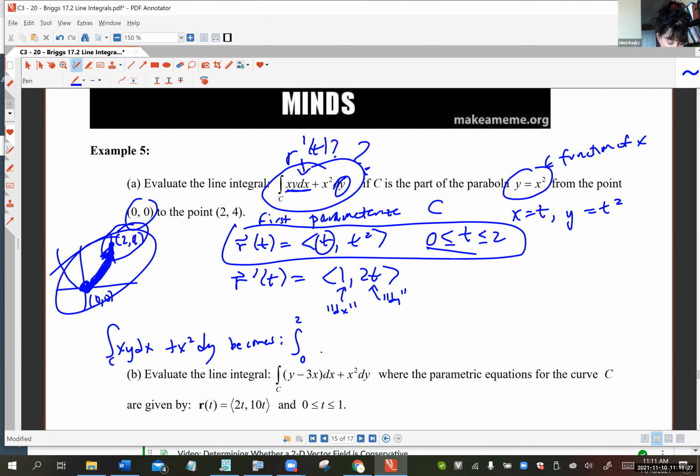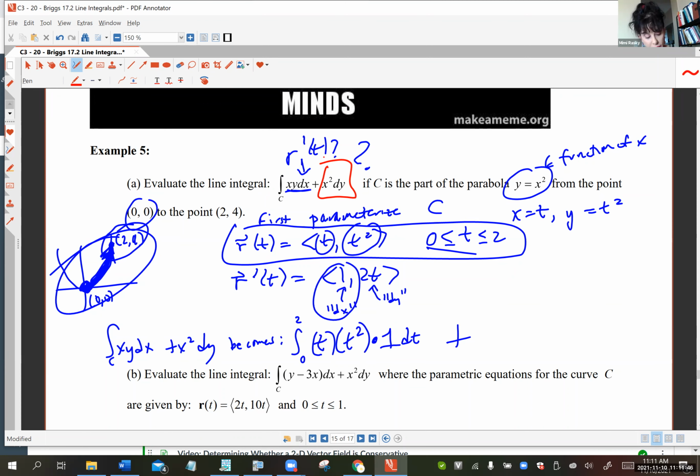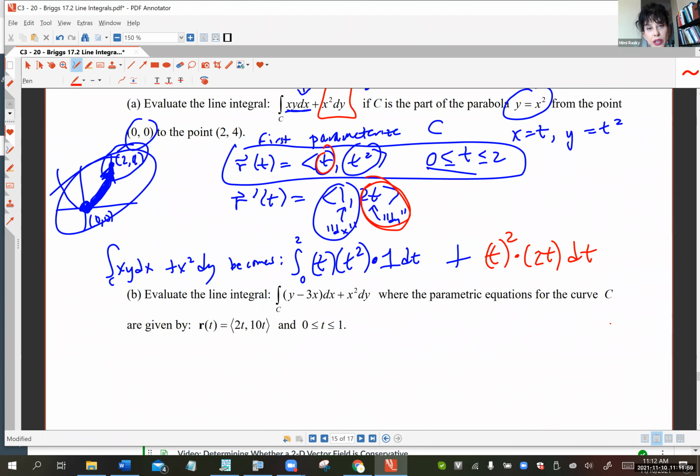So you're going to go the x component from our vector valued function times the y component of our vector valued function times dx. Well, dx for us is 1 dt. Plus, now the second term of this differential form line integral is x squared dy. So the x component from our vector valued function is t, and you want to square it, times the dy. dy is 2t dt.